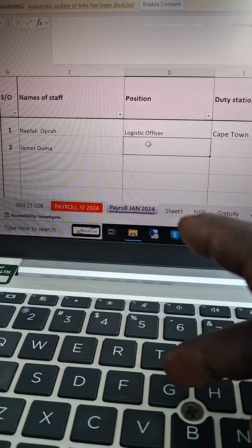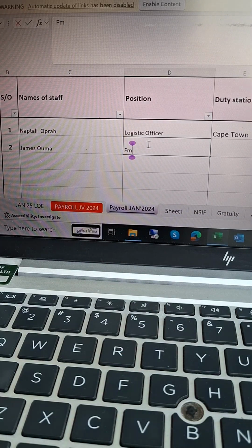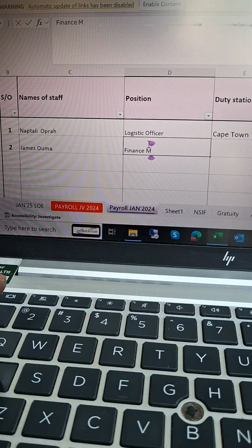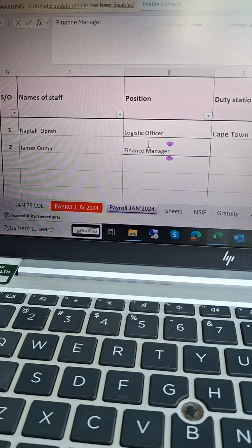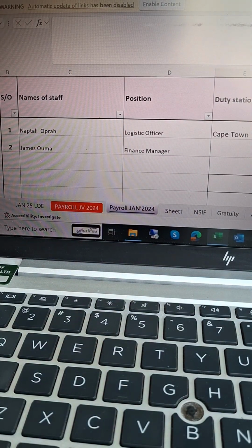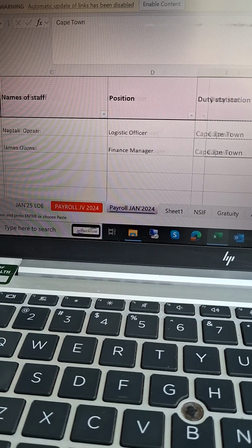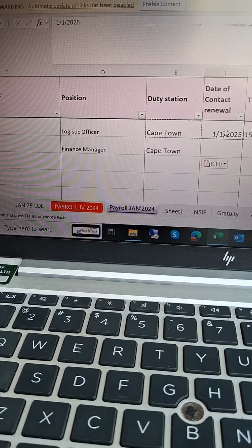This guy is FM, say finance manager. And this guy is based in the same location. Started together on the 1st of the 1st, today's date, the day when you are working on the payroll.